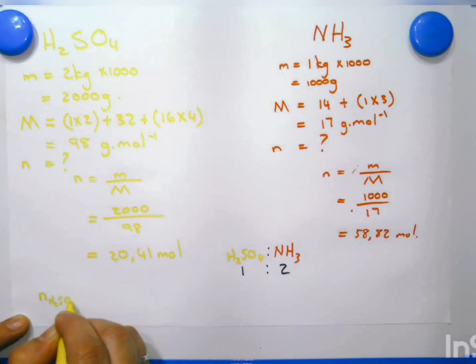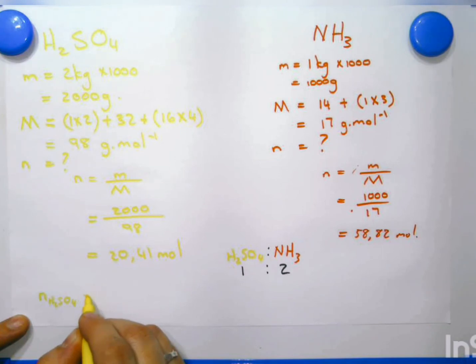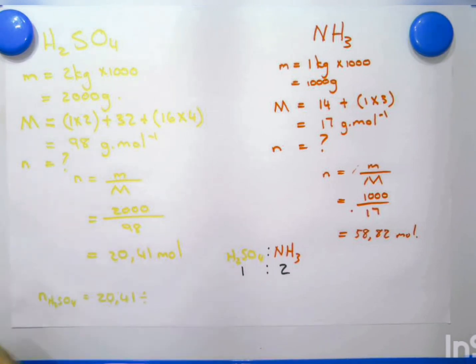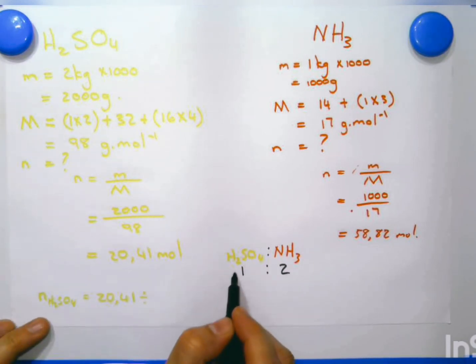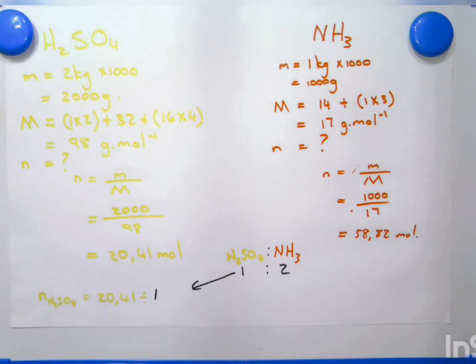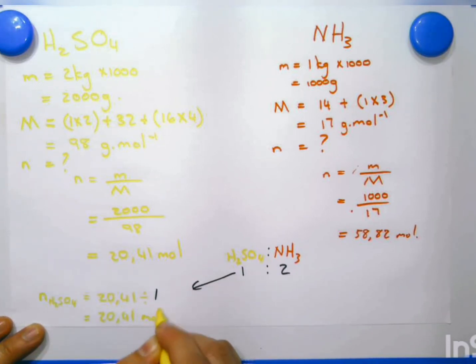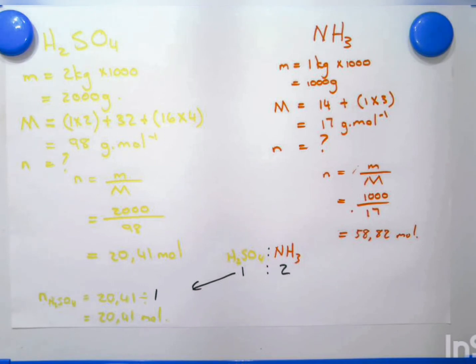So for sulfuric acid, we take the number of moles that we know is available, which is 20,41 mole, and we divide it by the ratio. For sulfuric acid, it is 1, and that obviously then gives us 20,41 mole. So in this case, the least amount necessary is 20,41 mole.